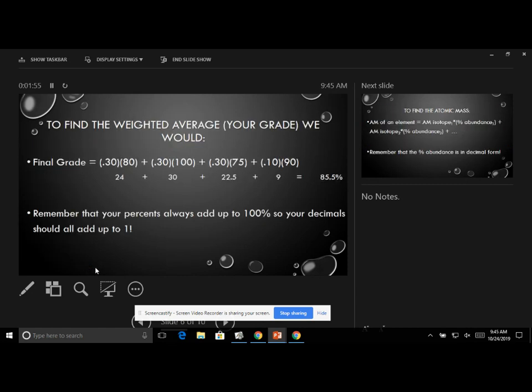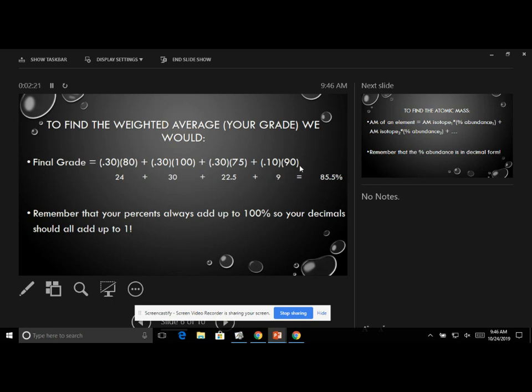So the way that we would calculate your grade, or the weighted average, would be the percent as a decimal times the grade that you got, and you do that for each part, and then you add them all together, and that gives you your weighted average.